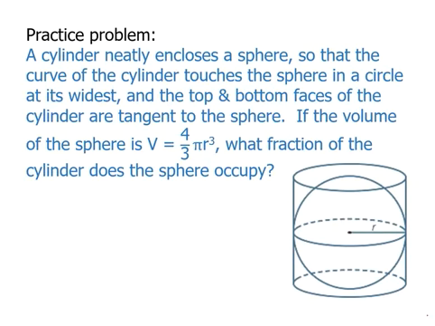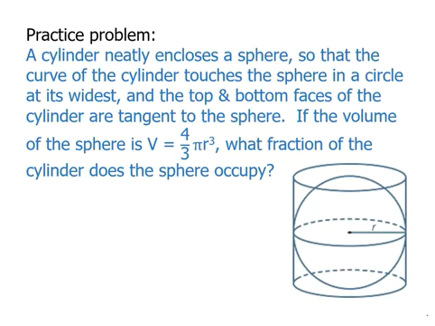Here's a practice problem. Pause the video, and then we'll talk about this. Okay, a cylinder neatly encloses a sphere so that the curve of the cylinder touches the sphere in a circle at its widest, and the top and the bottom faces are tangent to the sphere.